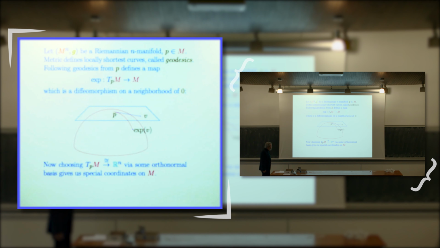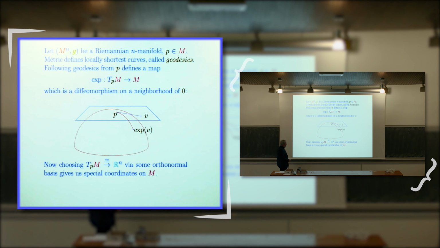So one could ask, well, in this coordinate system, what does the given metric look like? And the idea behind this really goes back to Riemann, who, without building up any machinery, discovered what we now call the Riemann curvature tensor.